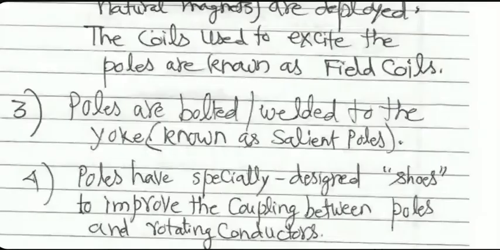Poles are bolted or welded to the yoke. Welding is more difficult in the sense that if something goes wrong, you have to unweld. But there are times when welding may be preferred over bolting. These are known as salient poles because they are physically visible to us.